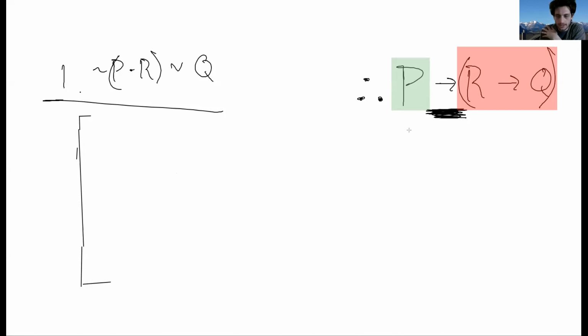So the idea is, as soon as I see that my conclusion's main operator is a conditional, I'm immediately going to put out the CP structure.